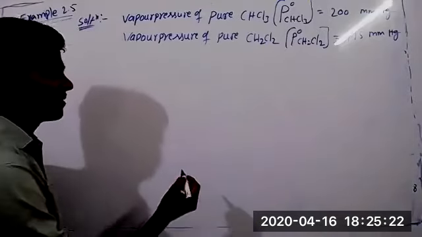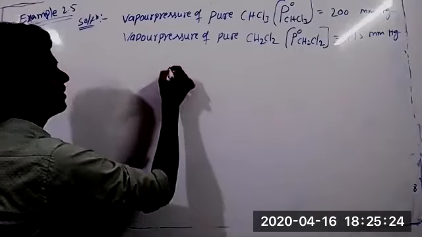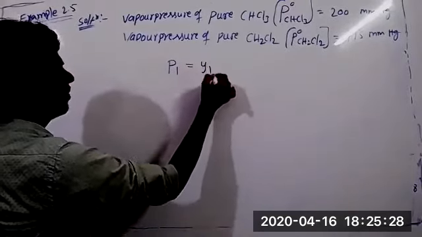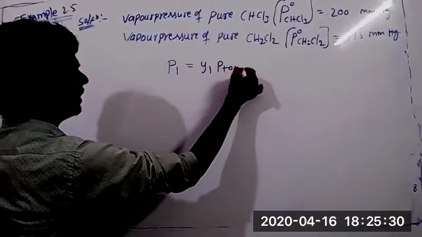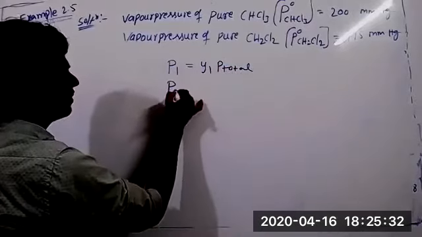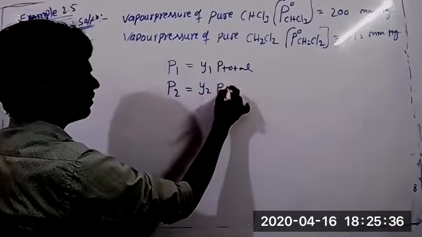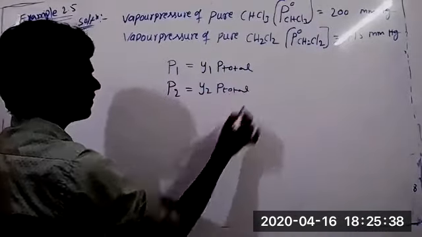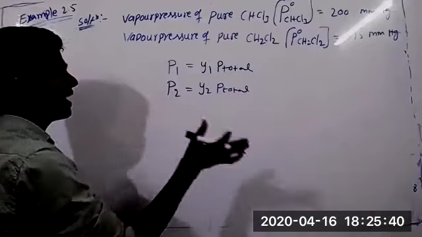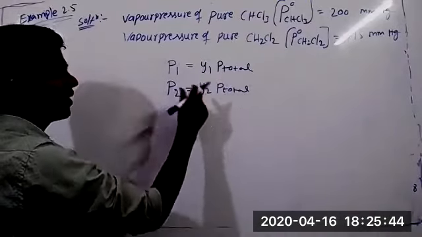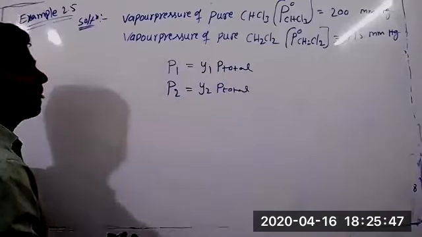In vapor phase, P1 is equal to Y1 P total, P2 is equal to Y2 P total. Yes, these are the formulas for calculation of Y1 and Y2.